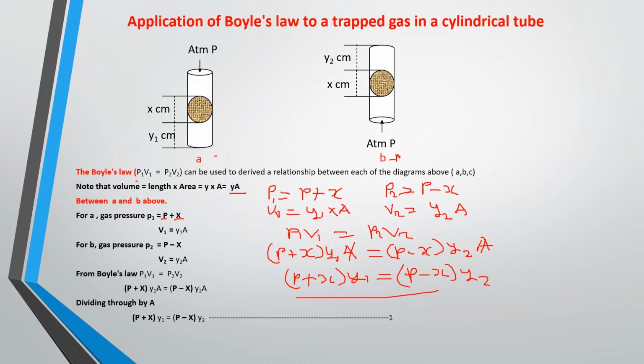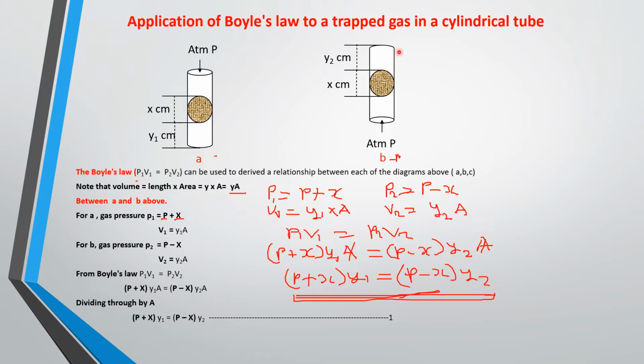Okay, so this is the equation. In case you are given a situation like this, where the tube is held vertical with the closed end at the bottom, and then the tube is inverted with the closed end at the top, this is the equation that applies.